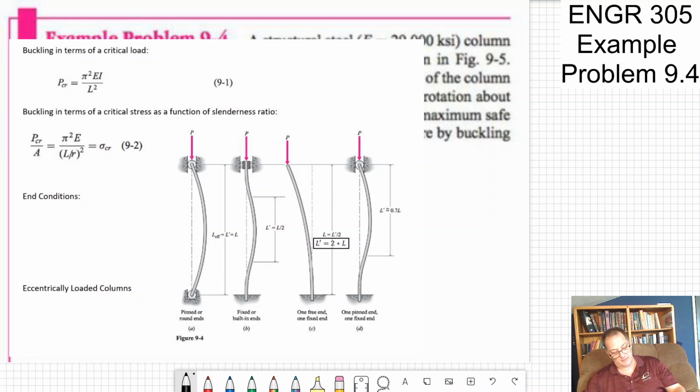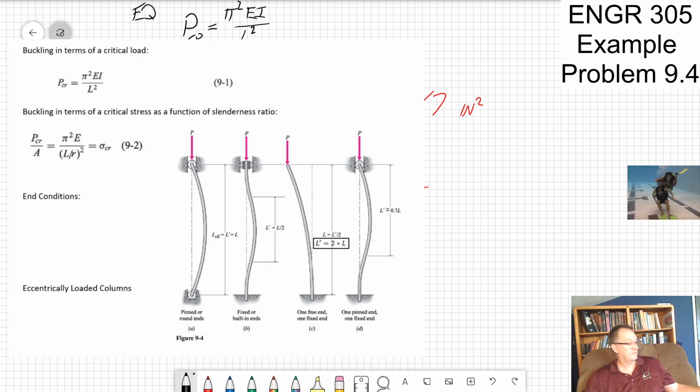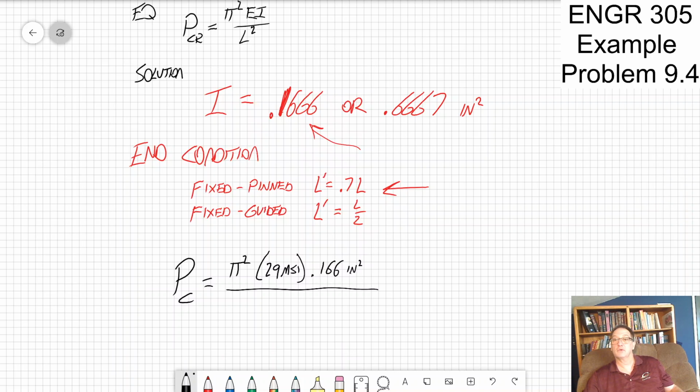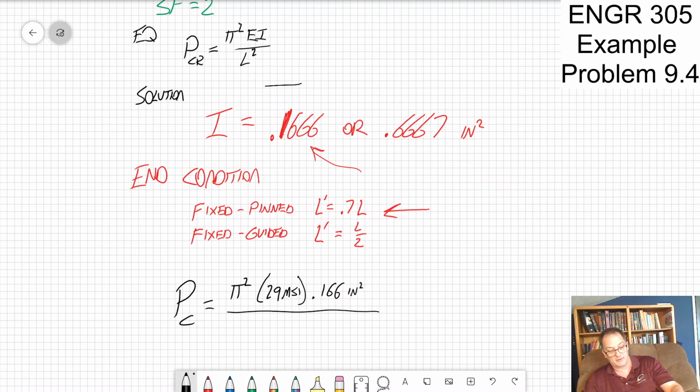So I'm going to say P critical is equal to pi squared E, which is 29 MSI, times I, picking the smaller one so that my load is smaller, divided by L squared. Well, it was a 10-foot beam. Sorry, I should have had that out there. Pi squared 29, that's my equation from the top.